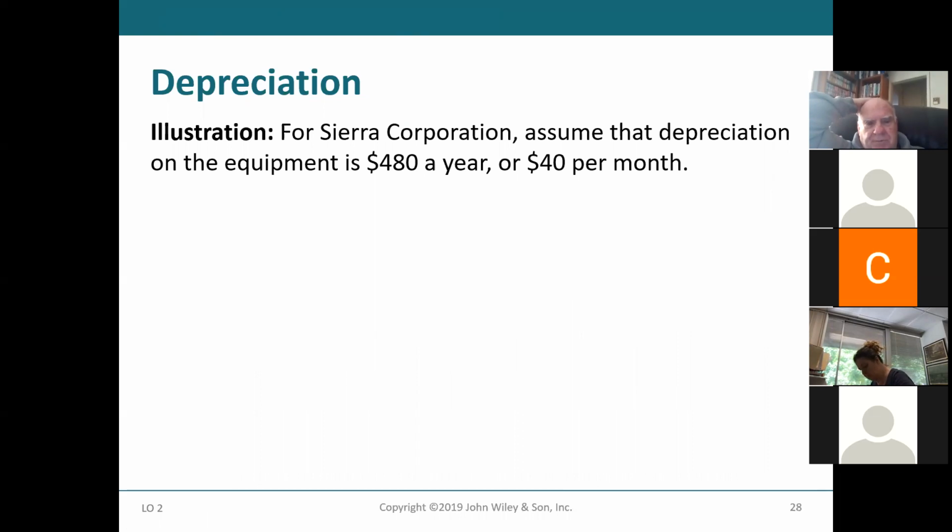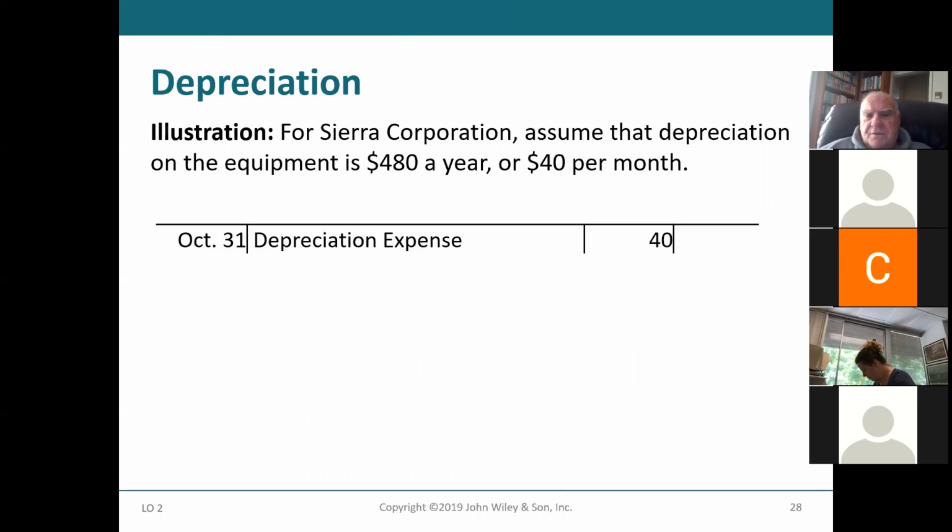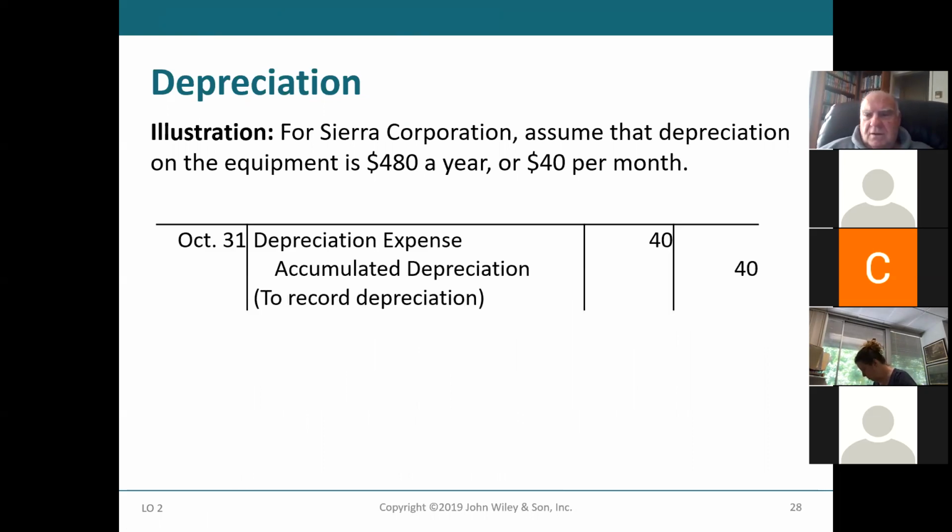Let's assume that the depreciation is $480 a year or $40 per month. This is your journal entry. Look at this journal entry. You are going to debit depreciation expense and you are going to credit accumulated depreciation to record depreciation.